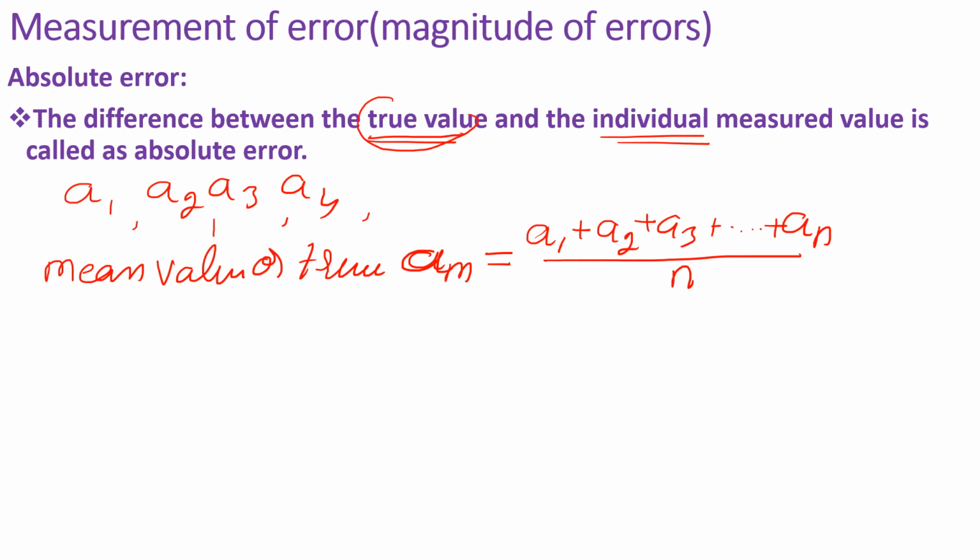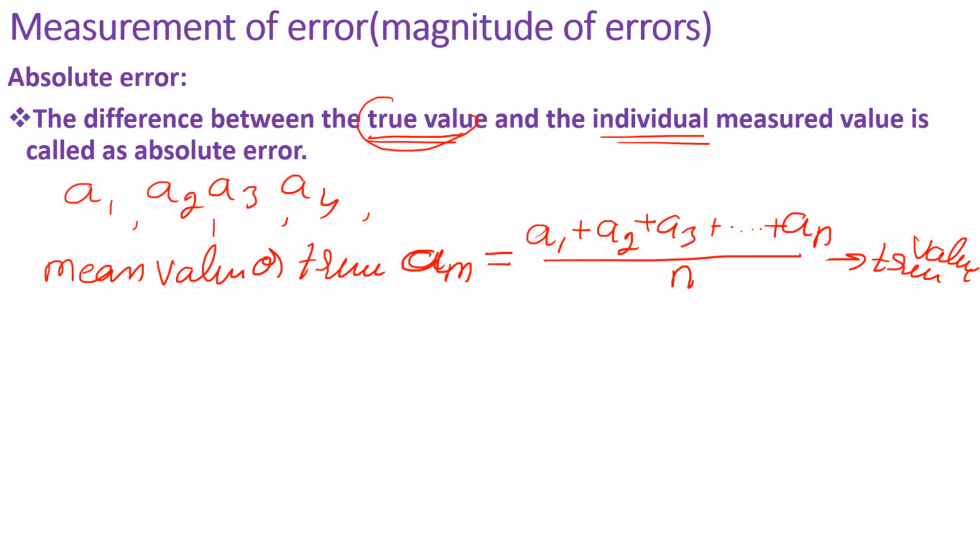When we take the ratio of the sum of all the individual values divided by the total number of values, I end up getting the mean value of that physical quantity. That itself is called the true value of any physical quantity.